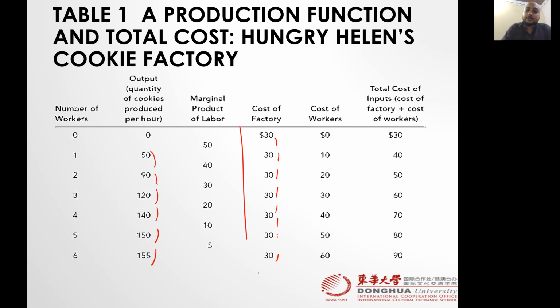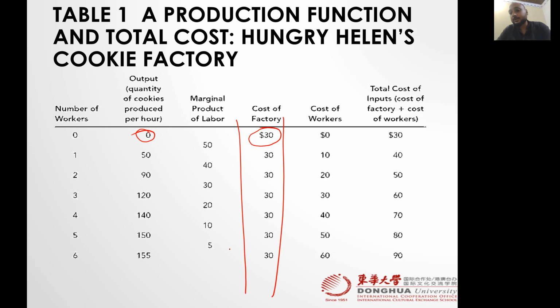So it means this is fixed cost. Or the second way to find out whether the cost of the factory is fixed or not, you see, at zero output, you still are paying factory cost. So that cost does not vary with the level of output. We call this fixed cost.